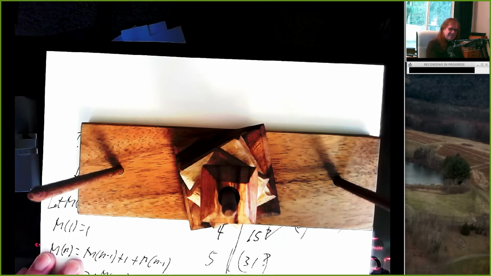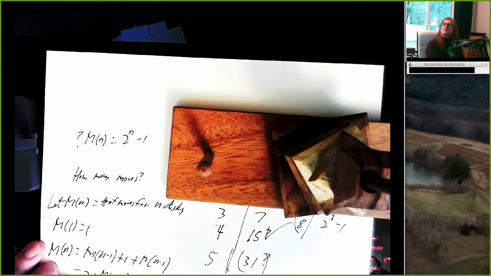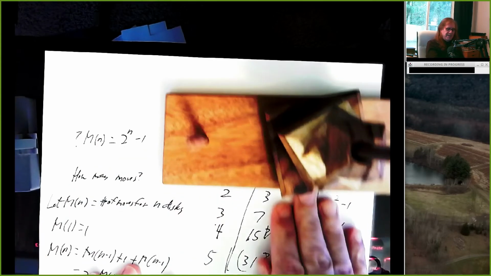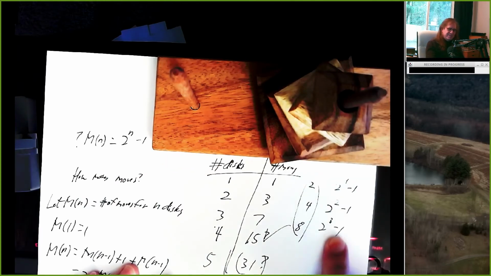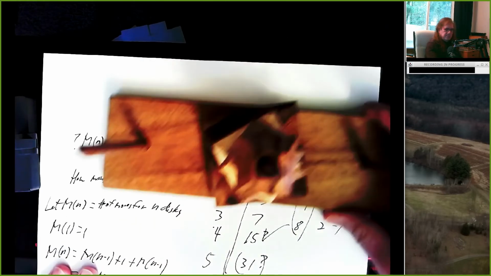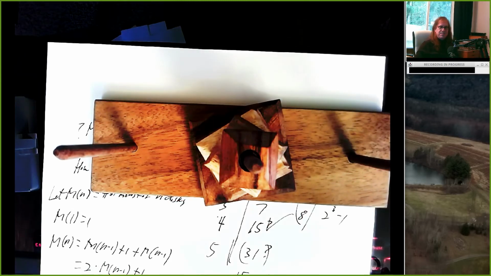We discover that, and we could solve this recurrence relation by setting number of moves equal to 2 to the n minus 1, and we could thereby prove that, you know, this formula tells us the number of moves. And we could prove that was true using a mathematical induction proof, but we're not going to do that.